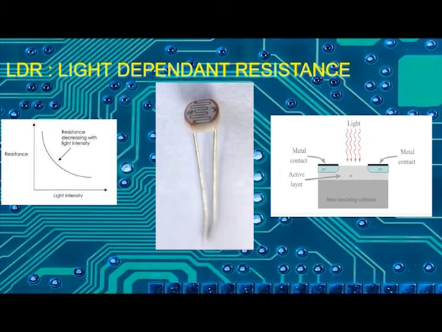From the conduction band of the active layer, the electrons are transferred to the metal contact, hence reducing the resistance and increasing the conductivity. The illustration in the center shows the picture of an LDR.